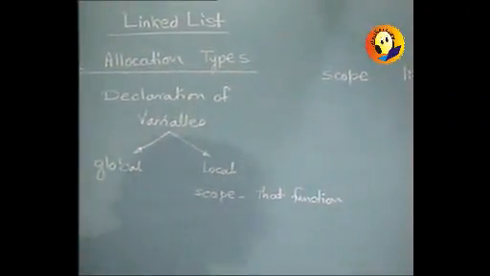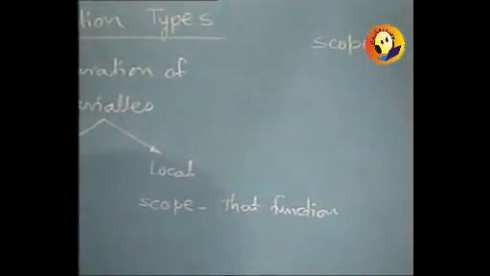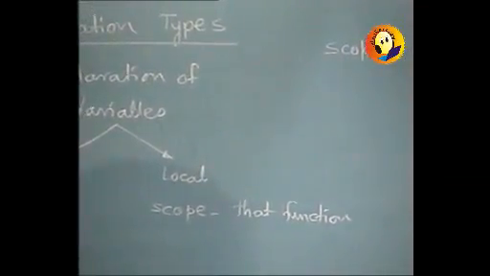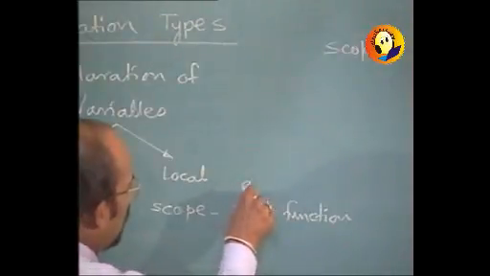The variable which is declared inside the function, which is called a local variable, its scope will be restricted to that function.